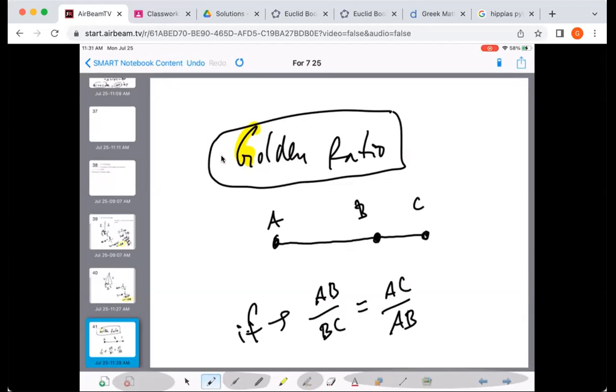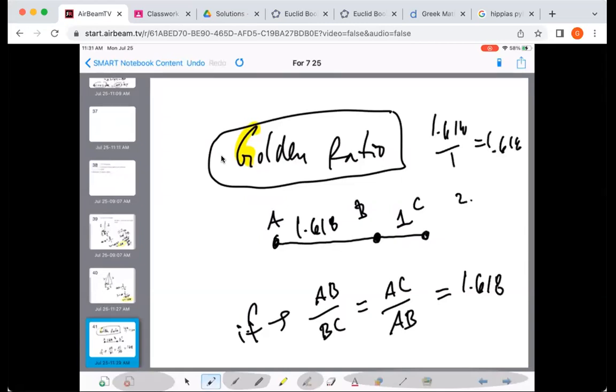And it turns out that it will be true if AB over BC is about 1.618. So just to show you, imagine BC was 1 and AB was 1.618. So 1.618 over 1 is equal to 1.618.